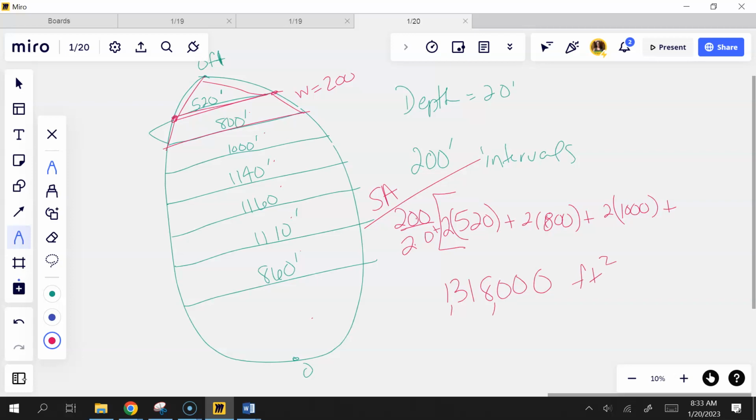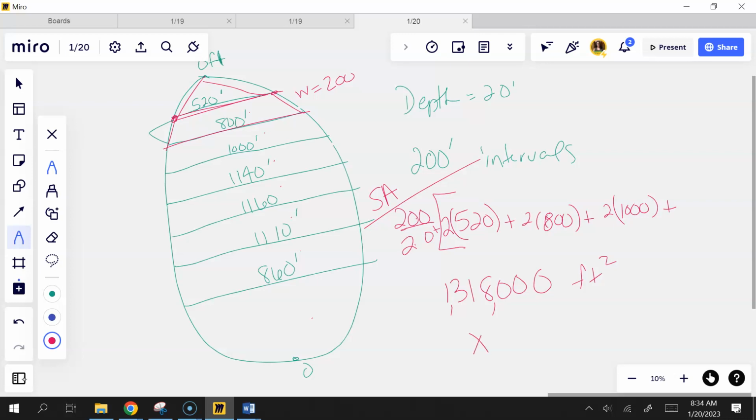They asked me to use the trapezoid rule to estimate the volume of the pond. So that's how much area is across the top of the pond. Well, if I want volume, then it's area times what? The depth or the height, right? Because volume is length times width times height. Area is length times width.